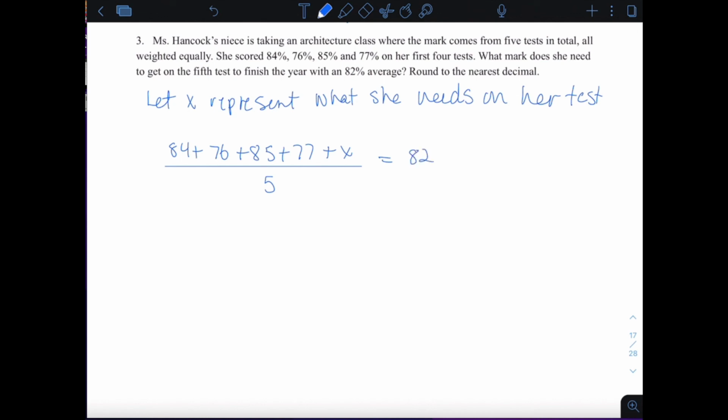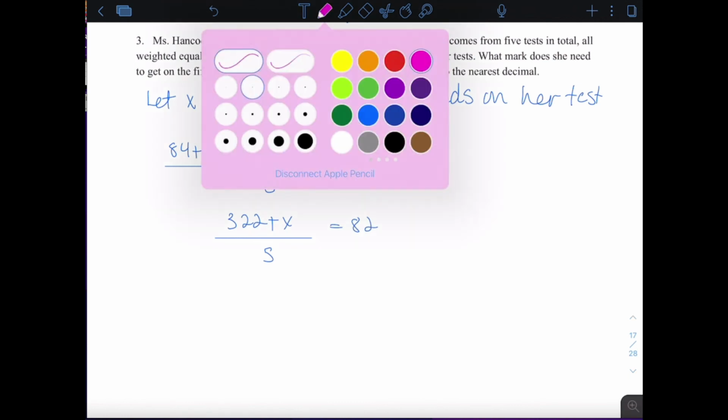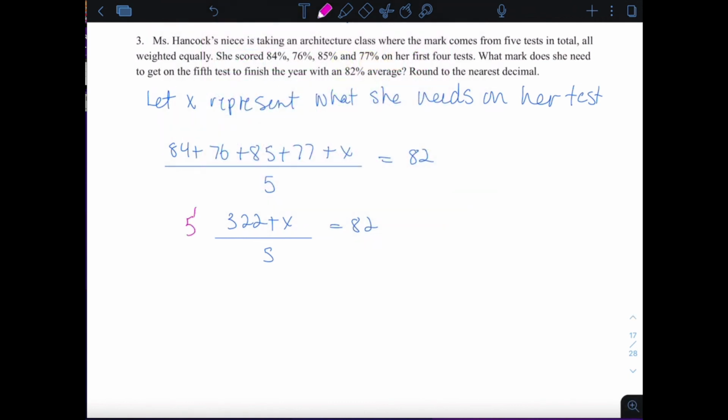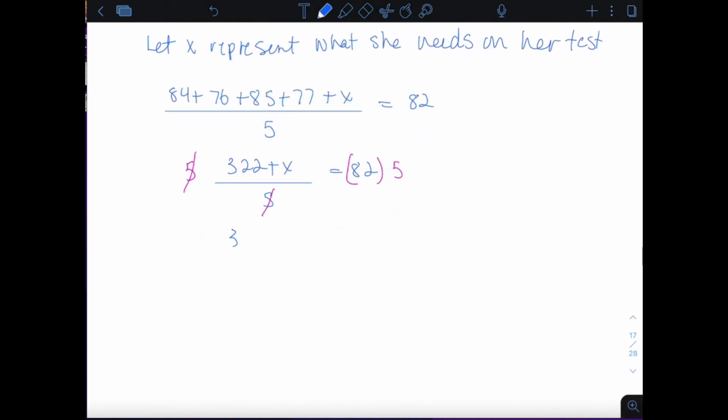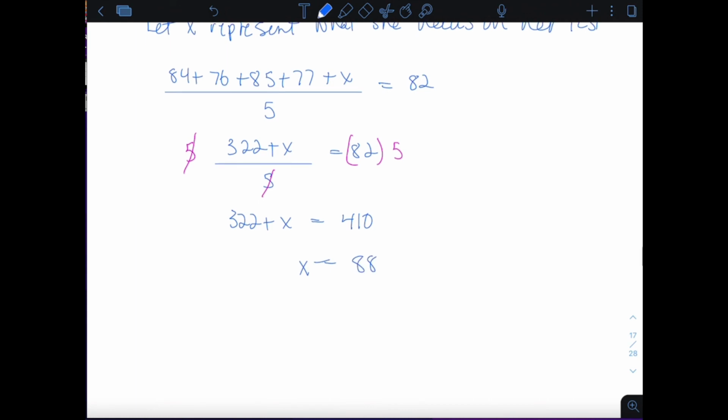Okay, so I'm going to rewrite this as 322 plus X over 5. And then we're going to clear the fraction. So I'm going to multiply this side by 5, and I'm going to multiply this side by 5. I'm going to get 322 plus X equals 410. X is 88.